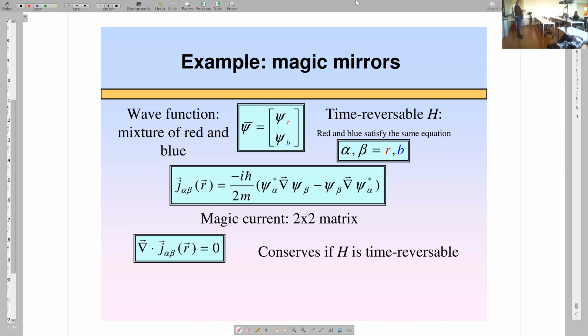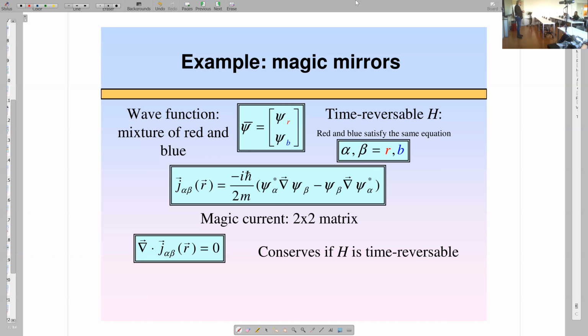Right? But that we can neglect. We can use conservation of these currents to learn more about quantum electrons which are scattered in nanostructures.